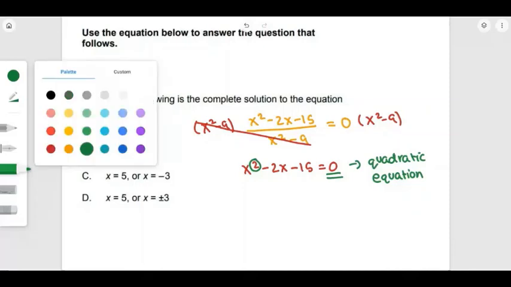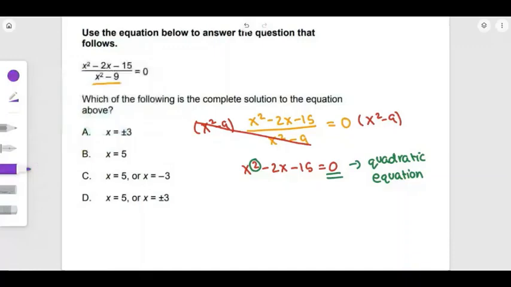So, in order to do that, we need to find two factors that multiply to give a product of negative 15, and the same two numbers give us negative 2 when we add them. Now the factor pairs of negative 15 are 3 and negative 5, or negative 3 and 5.